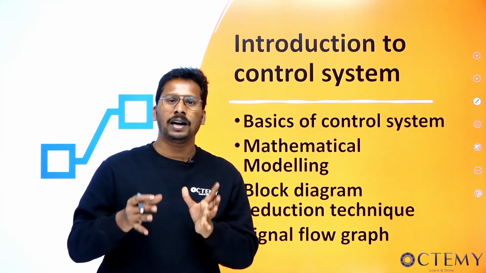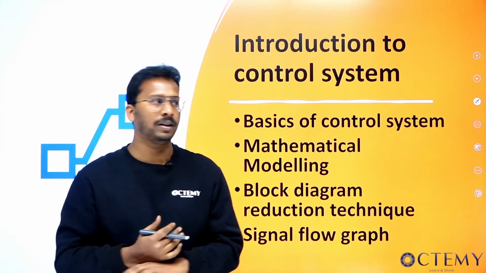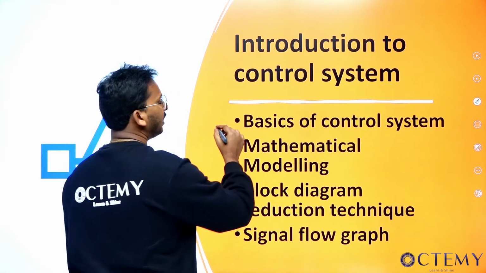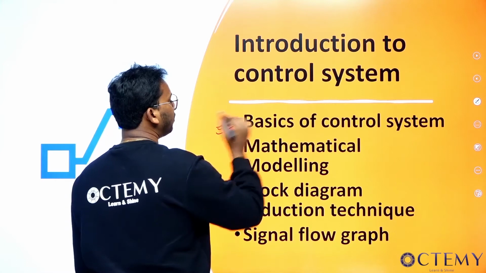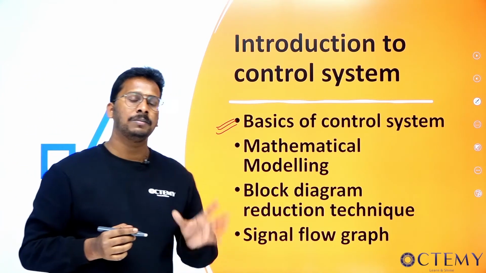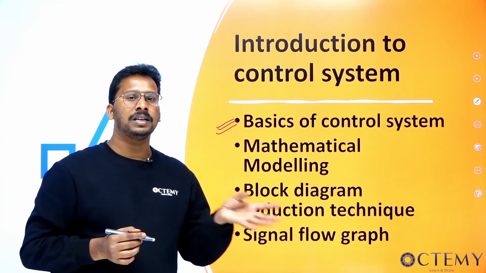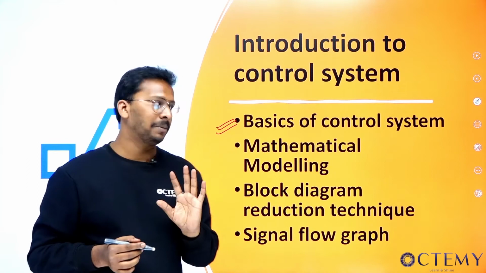Now you have to analyze that system, so you will be doing certain mathematical modeling to it. So that is what we'll be doing, sir. We'll understand what the basics of control systems are. When I say basics of control systems, that is, what is the definition of a control system, what is the definition of open loop control systems, closed loop control systems, effect of feedback, all these things will come, right?